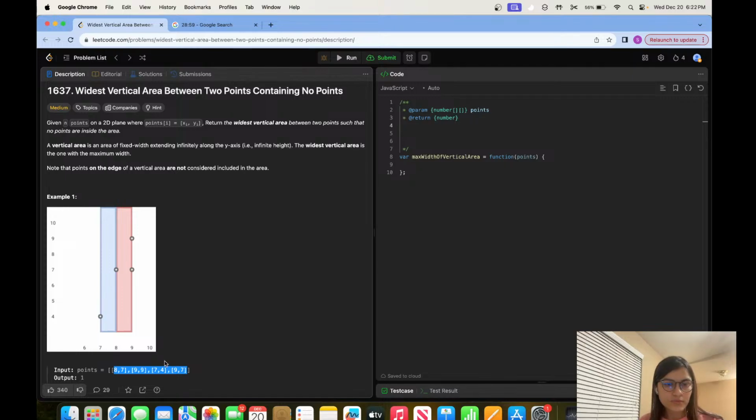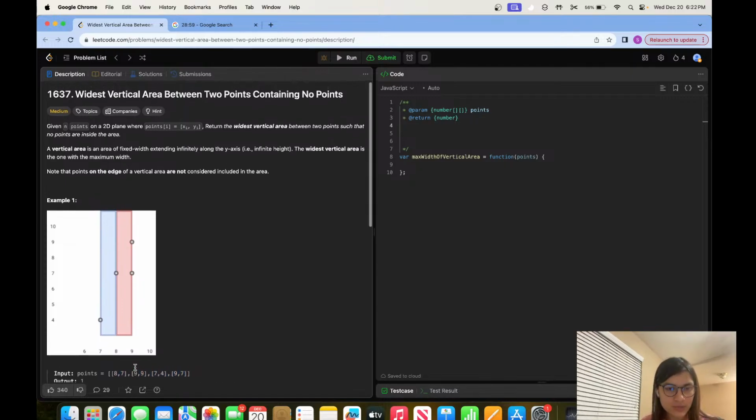So let's look at this example. It is a 2D plane, so there is this point 8, 7, and the others, 9, 7, 4, 9, and 7. Okay, so I need to return the widest vertical area between two points so that there are no points inside that area, right?